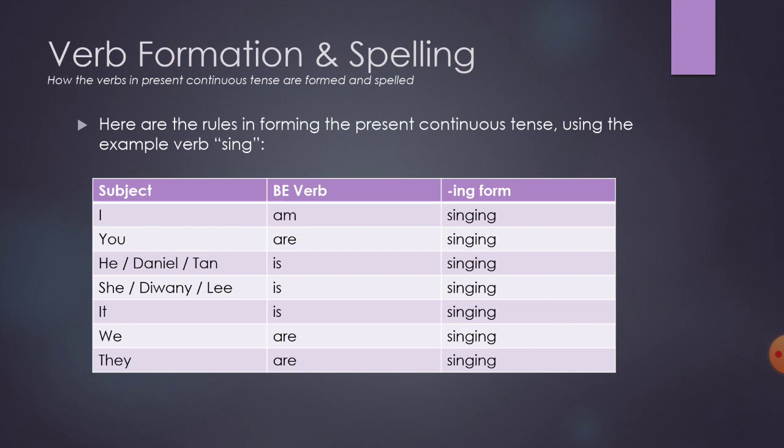So we can say that I is a special case. Same goes to another special case, which is you. You will use the be verb are, although you is singular. Okay.